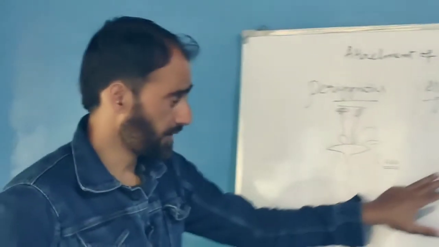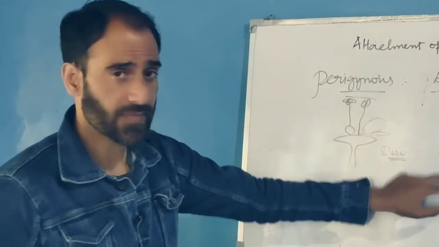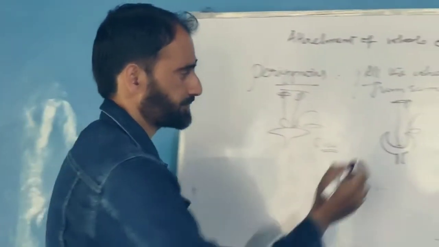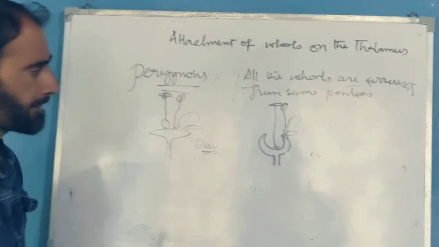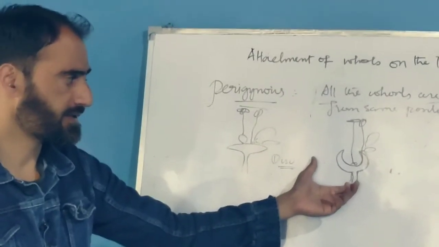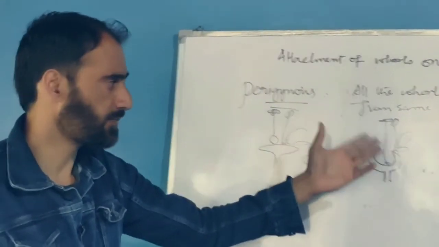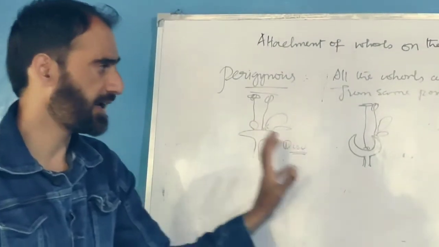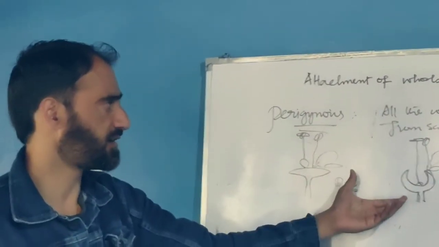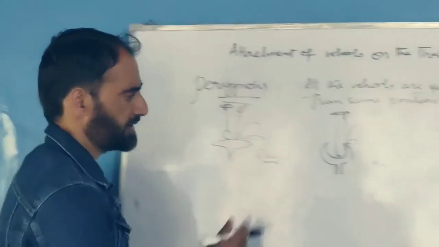Origin wise, this ovary is separate from the other whorls, but position wise they are at the same position. This type of condition is called perigynous.